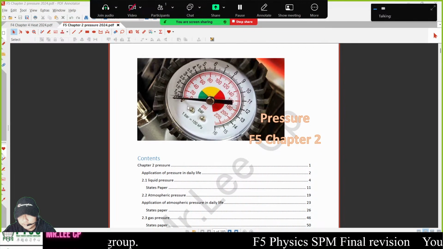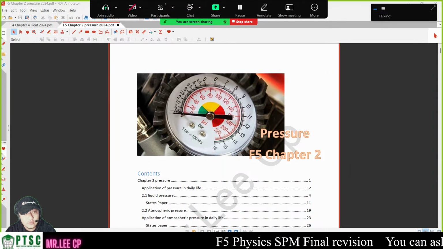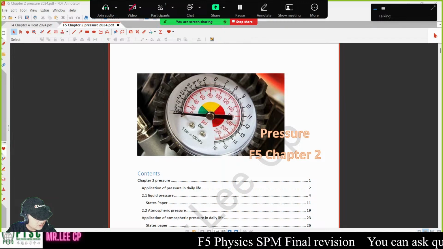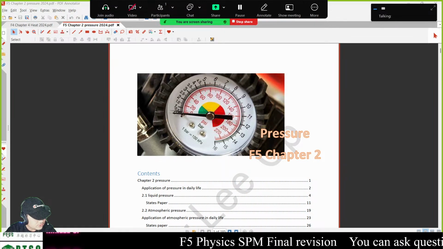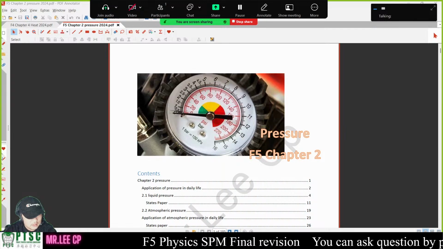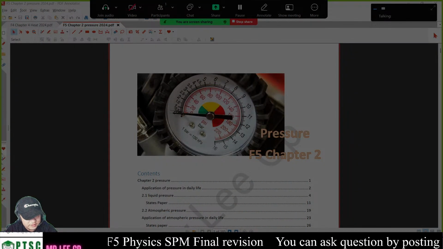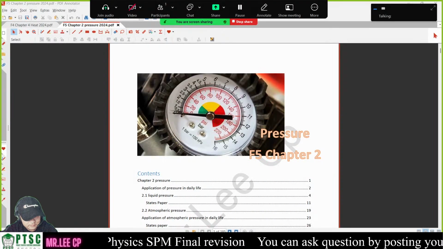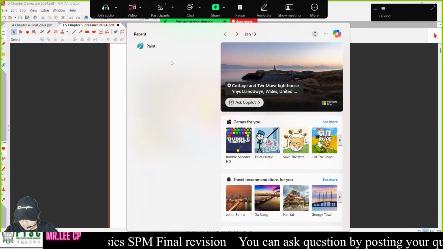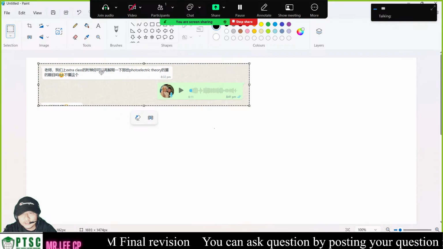All right, let's start our revision today. One student asked me in Mandarin; I don't know whether you understand Mandarin or not.